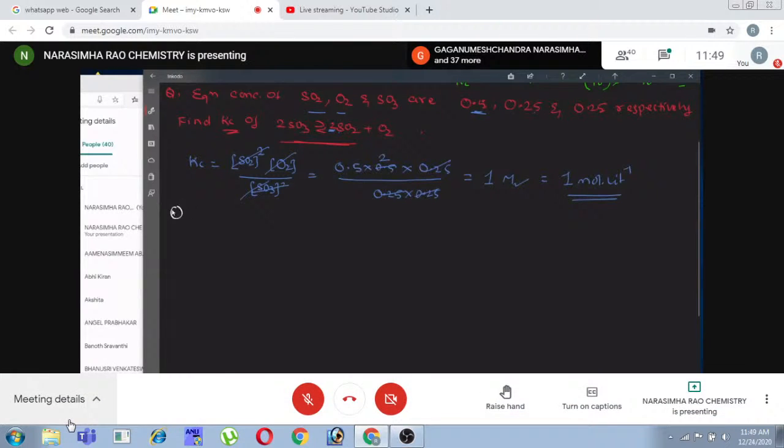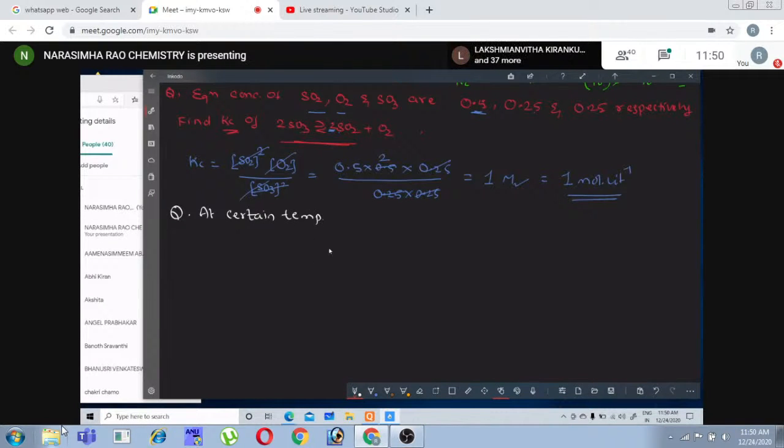My next problem is: at a certain temperature, a 10-liter vessel contains 0.4 moles of H2, 0.4 moles of I2 and 0.1 mole of HI.